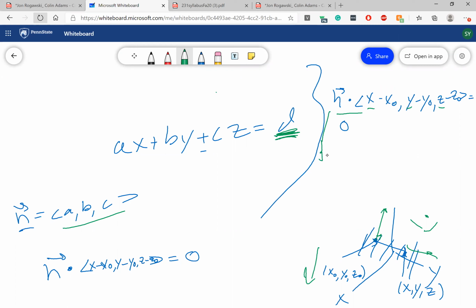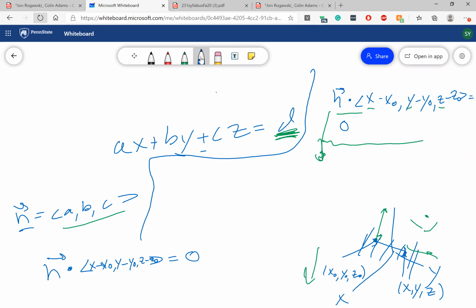Okay, so now let's rewrite this and see what we get. So far, is this understood? Okay, let me rewrite it over here.